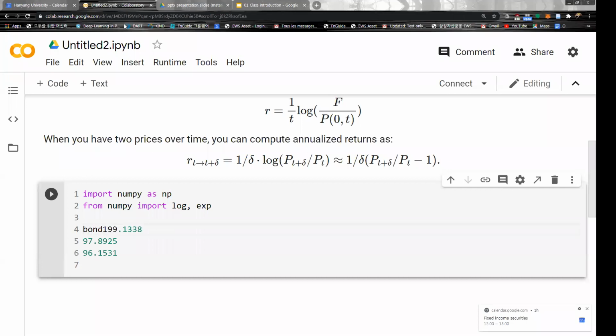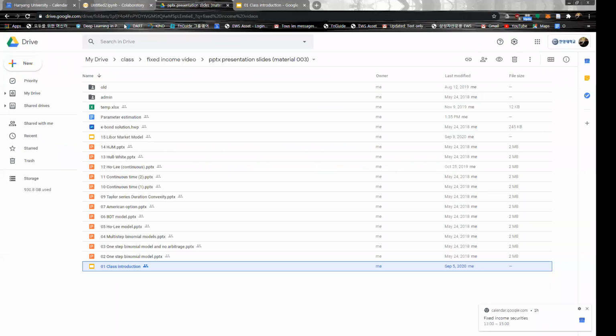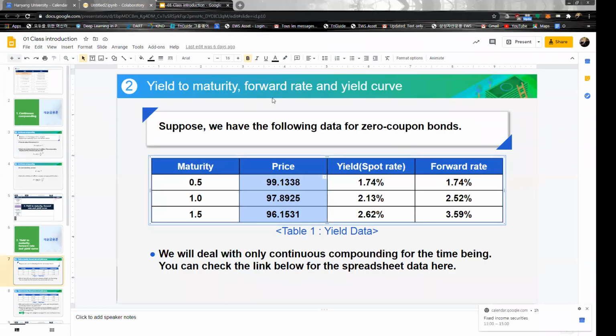Bond 1 price equals 99.1778. Students, just don't watch. Please use your own computer and follow me. And then bond 2 price is this one, and bond 3 price is this one. So basically, I'm using this data.